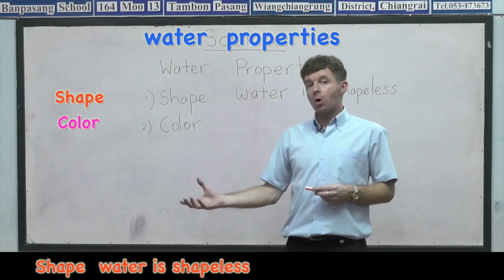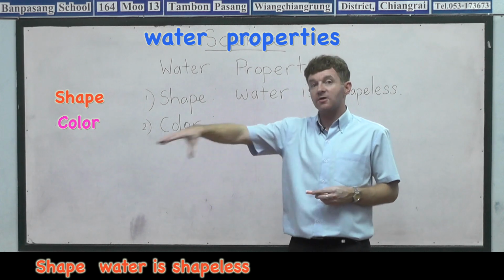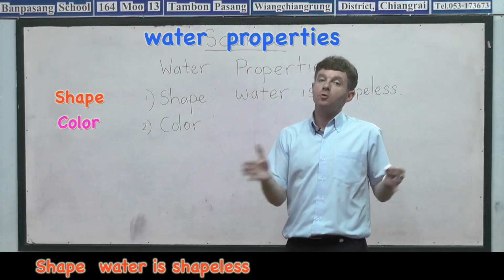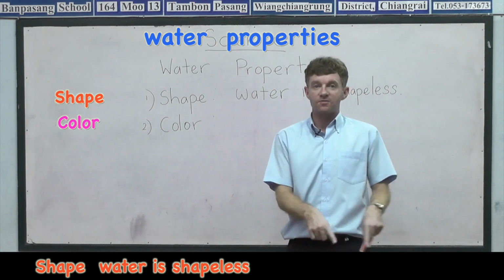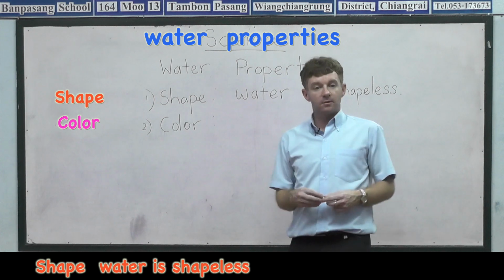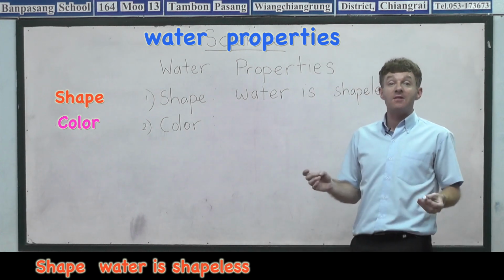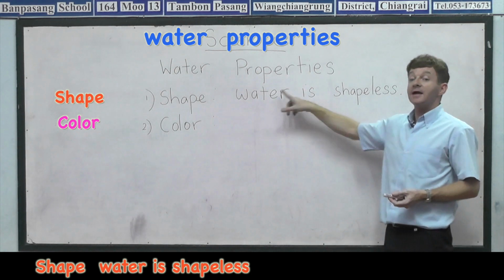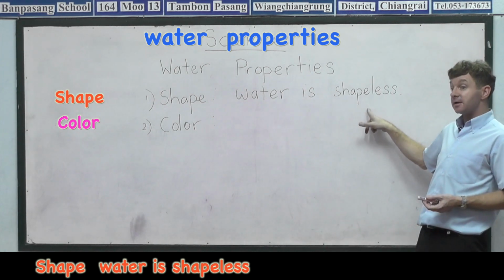Yes, if you pour water into a circle container, the water will become a circle. If you pour water into a square container, what shape will the water become? Square. The water changes depending on the container because water is shapeless.